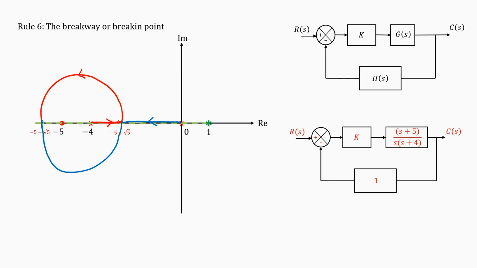Now, one of these branches will go in this direction. Which branch, we do not know, because we cannot differentiate. One of the branches goes in this direction, and the other branch will go in the other direction. The diagram should be on the real line, so let me redraw it. This is what it is, and the other line would be here. So, this will be the root locus of this system.